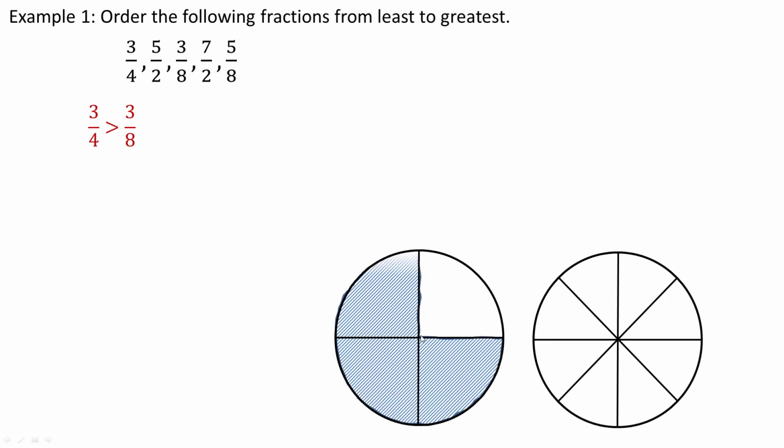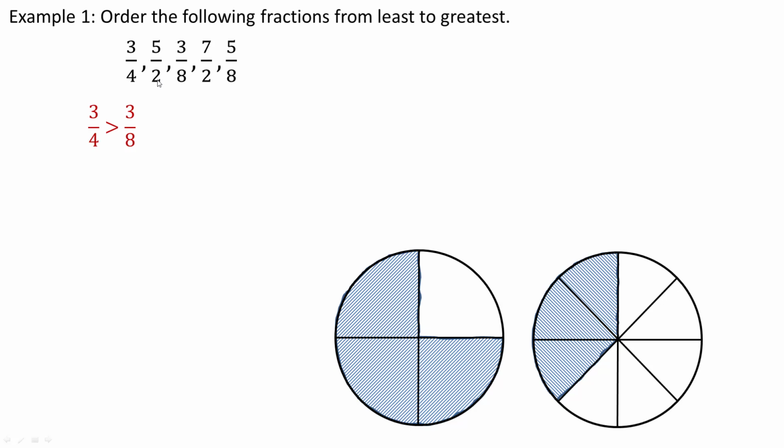So 3/4 would be this much. That's 3 of 4 pieces. So this one here, there's 8 parts, so 3 of 8 parts. You can see that it is a smaller amount, a smaller piece of the pie or of a whole. So that's why 3/4 is greater than 3/8, or 3/8 is smaller than 3/4.